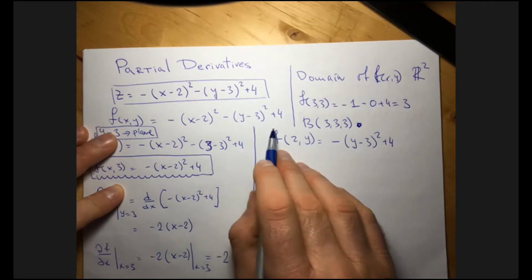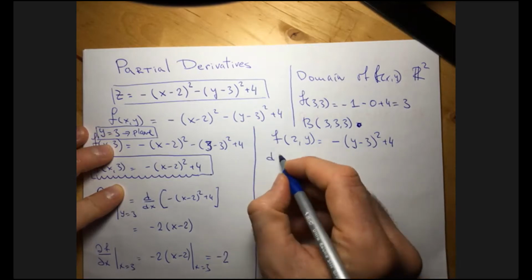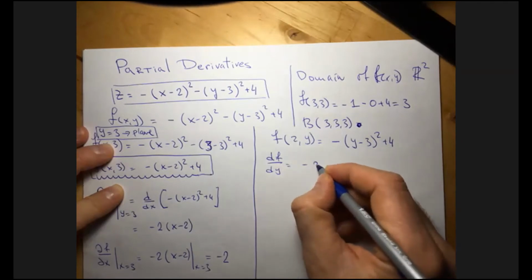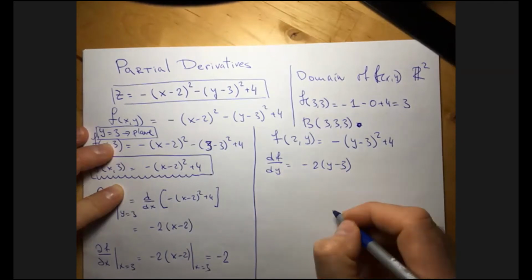A function from two variables becomes a function in one variable. So df dy is just negative 2y minus 3.